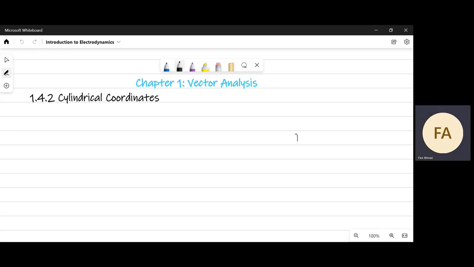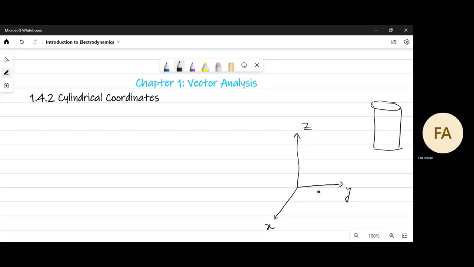So again, our reference is the Cartesian version of the coordinate system, where we have Cartesian coordinates x, y, z. In cylindrical coordinates, we have cylindrical symmetry, so we have a cylinder, and there is some point on the cylinder surface, and this is the z-axis.